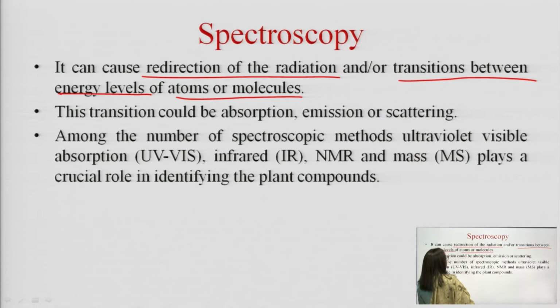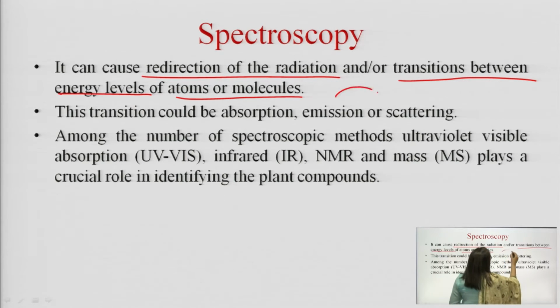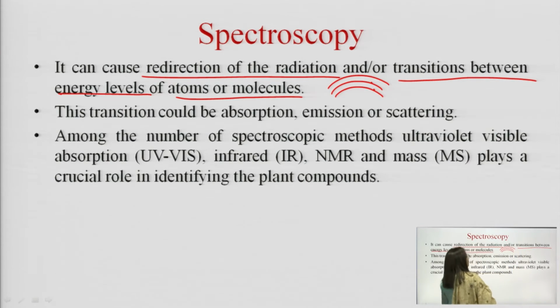As already known, atoms and molecules have various energy levels with the subatomic species like electrons, protons, etc., and either redirection of this energy or transition between these various energy levels will lead to the spectral changes. This transition could be as absorption, emission or the scattering effect.